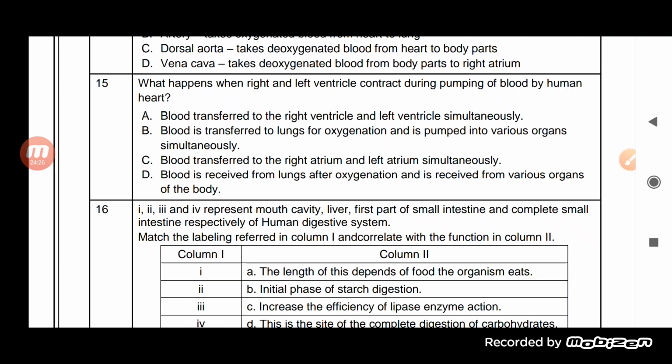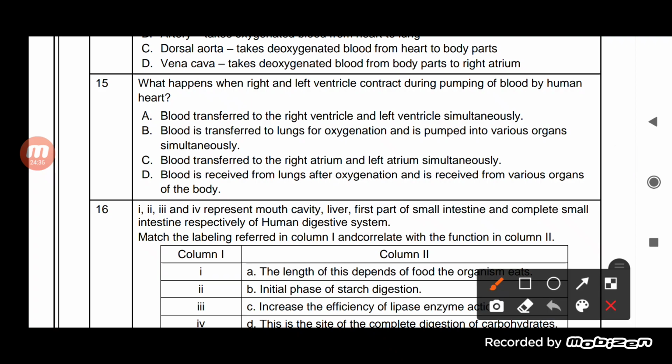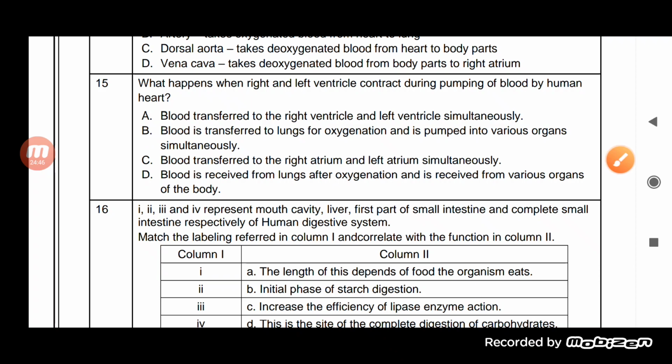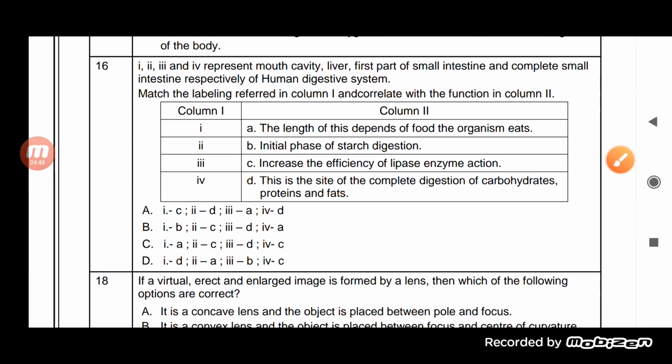Blood is received from the lungs after oxygenation and is received from the various organs of the body. That is also a wrong one. So the correct option will be blood is transferred to the lungs for oxygenation and then it is pumped into the various organs of the body simultaneously.